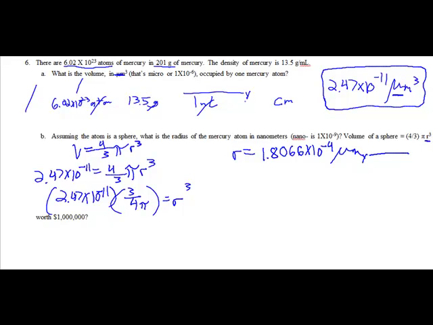We know that since micro is to the negative 6th, then nano is the negative 9th. That must mean for every 1 micrometer, there are 1,000 nanometers. Micrometers cancels out. We multiply that number times 1,000. And so our radius then is 0.18, rounded off, 0.181 nanometers.